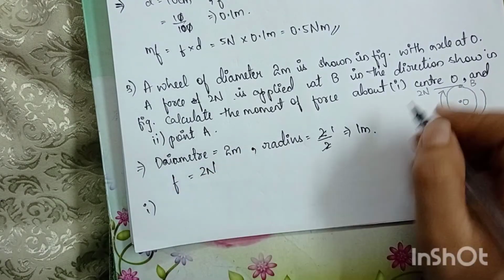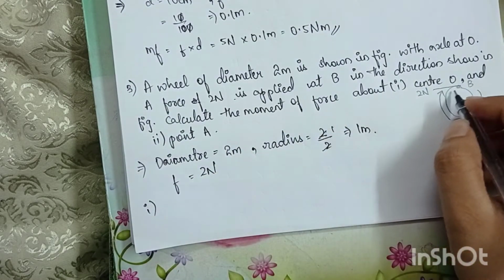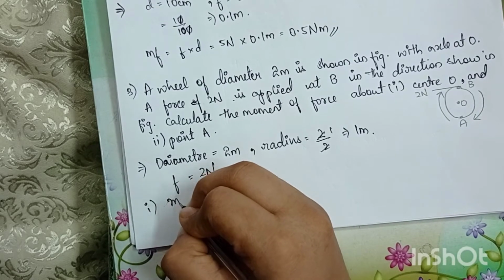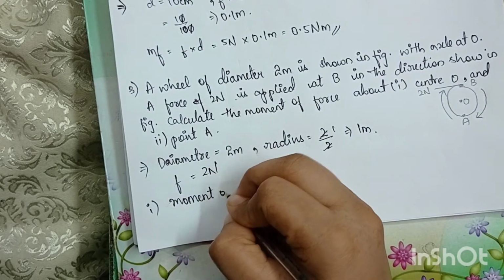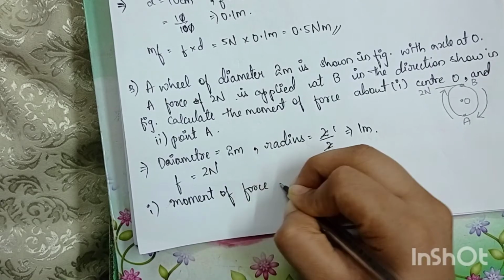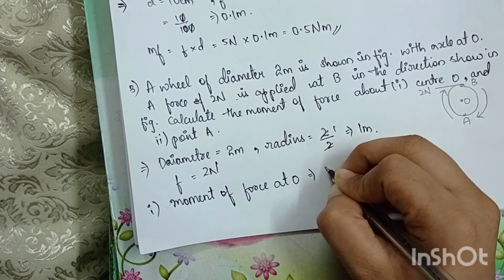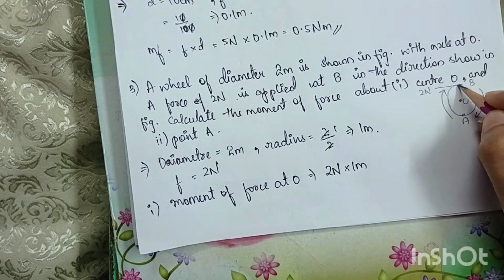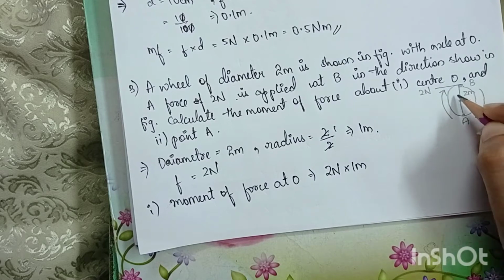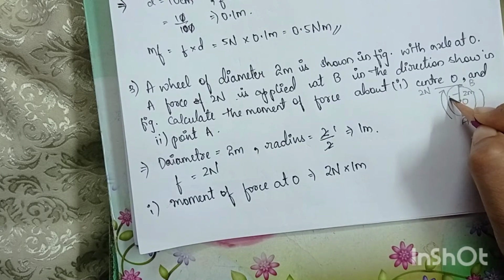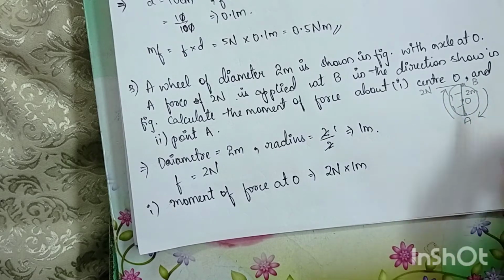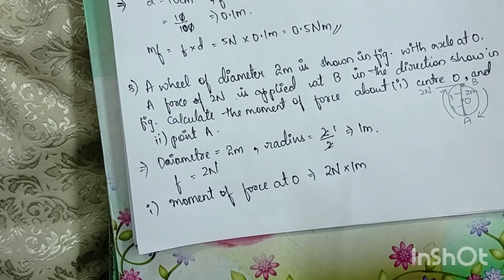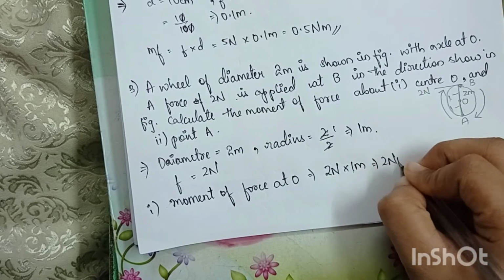First he said to find the moment of force about center O. So we are taking the moment of force at O, which is 2 Newton into 1 meter. The diameter is 2 meter, but half is 1 meter, which is the radius. From O to B it is 1, so we are taking 1 meter. So 2 Newton into 1 meter will be 2 Newton meter.